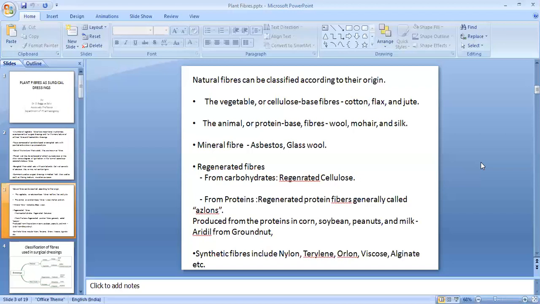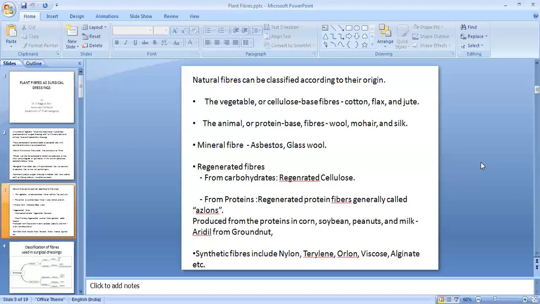From proteins, the regenerated protein fibers are usually called azlons. They are produced from the proteins present in corn, soya bean, peanuts, and milk. One such example is Ardil from groundnut, that is nothing but peanuts.